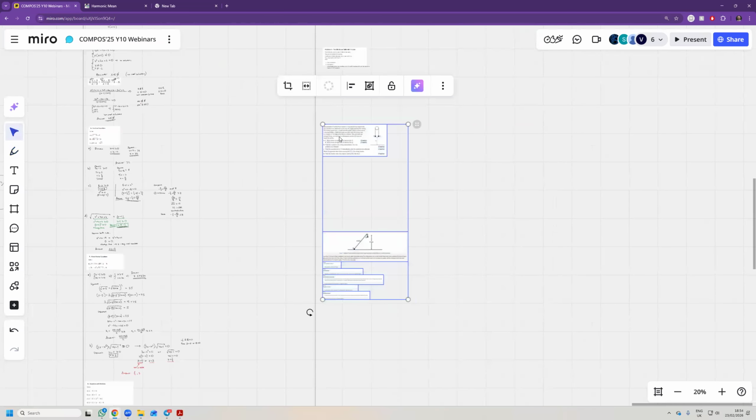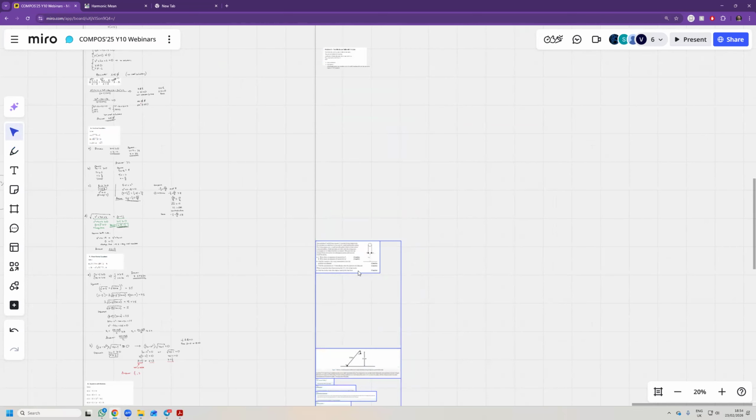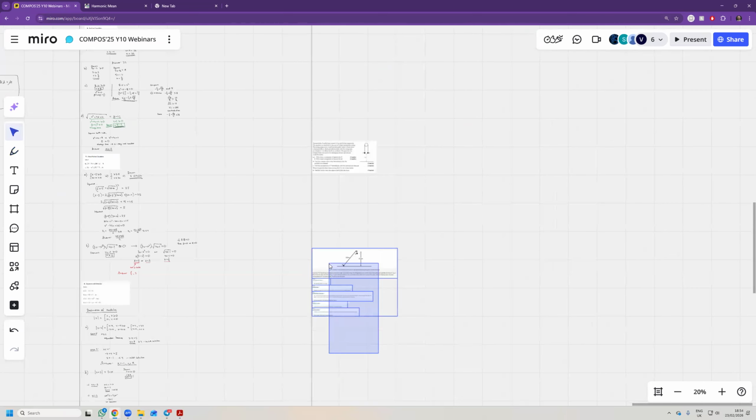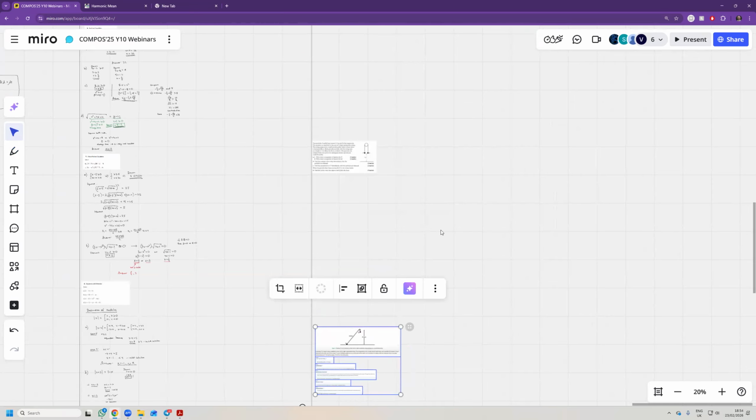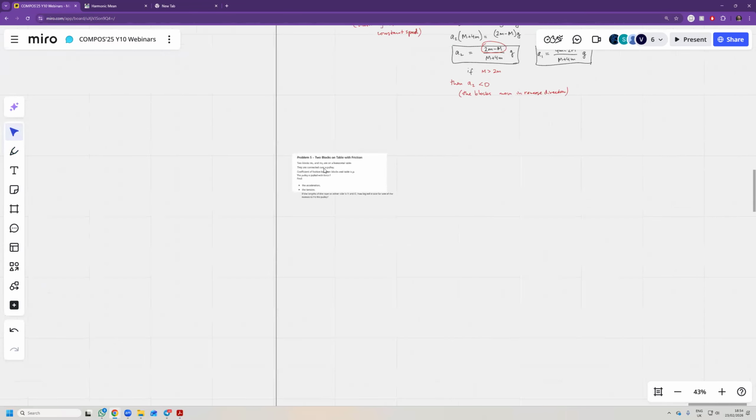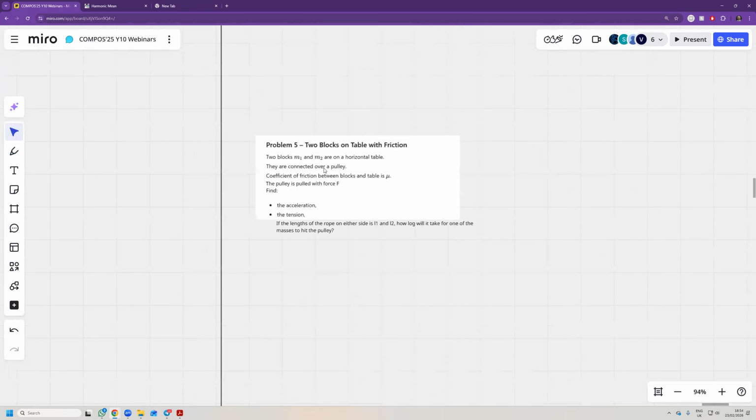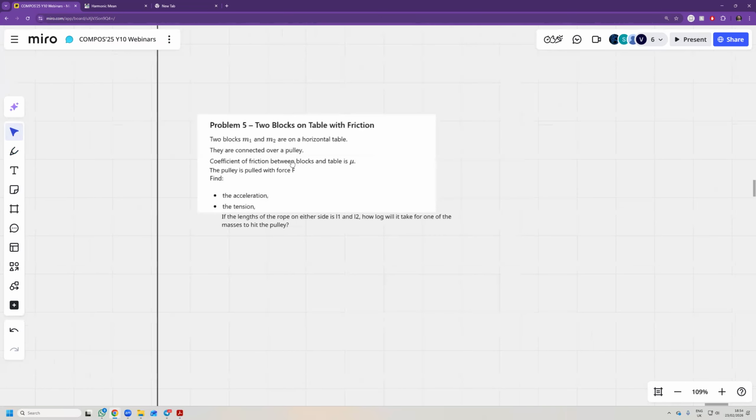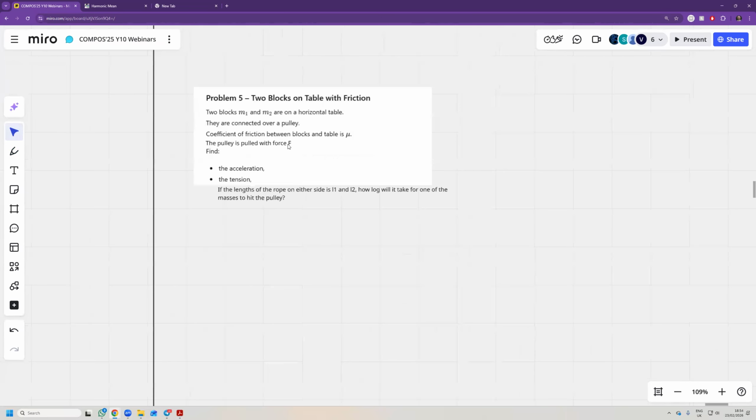Okay, just move some space. Two blocks on the table with friction. Two blocks are on a horizontal table. So we have M1 and M2.